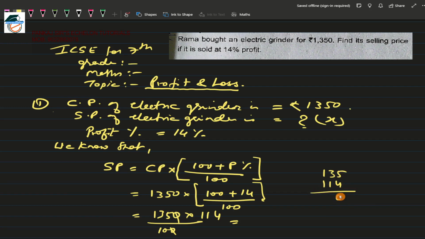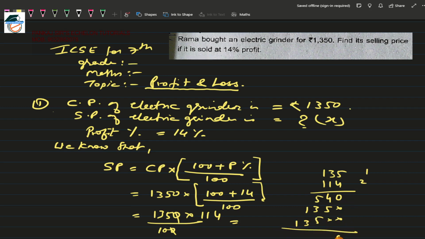4 5s are 20, 0, 2 carried. 4 3s are 12, 12 plus 2 is 14, 4, 1 carried. 4 ones are 4 plus 1 is 5. Then 5 ones are 5, 3 ones are 3, and 1 into 1 is 1. Then again 5 ones are 5, 3 ones are 3, 1 into 1 is 1.